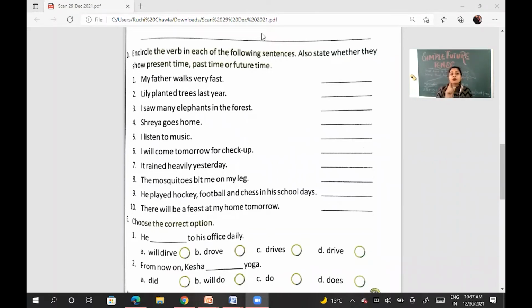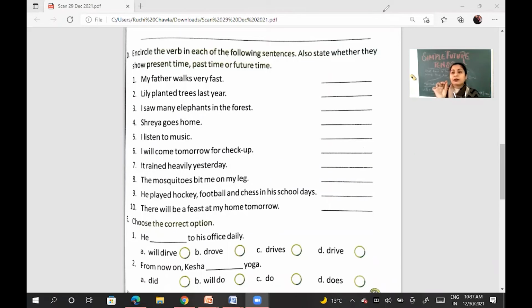Now we will practice identification. It means how you will identify whether the given sentence is in simple present tense, simple past tense or simple future tense. For this we will do practice. So here you have to encircle the verb in each of the following sentences.